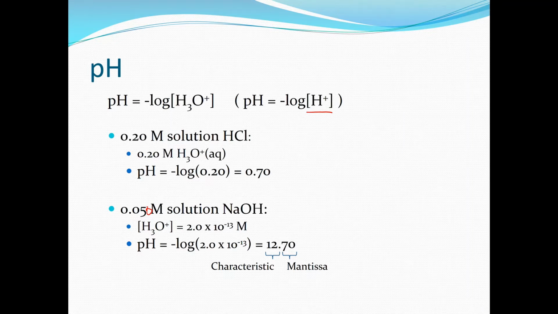The numbers that come before the decimal place are called the characteristic, and what they tell us about primarily is the power of 10 of that number. And so in this case, that 12 is really just giving us information about the power of 10. The 0.70, or the things after the decimal point, are what are referred to as the mantissa, and the mantissa is the part that actually has the information about the value.